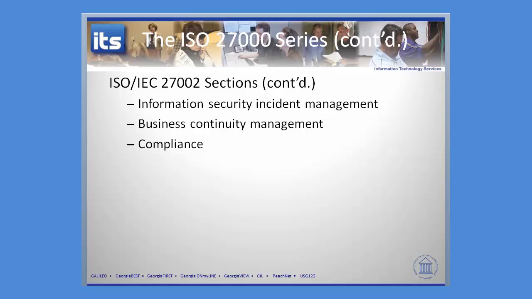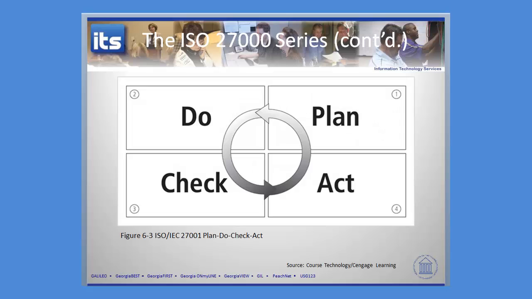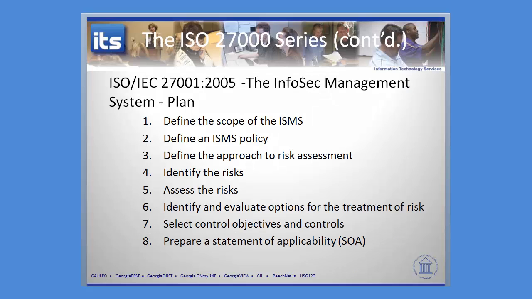When you start looking at the 27000 series, it uses an InfoSec or computer security management system where you plan, do, check, and then act. That's their loop that they're using within this particular model. We're going to take each one of these and spend a slide on it and talk a little bit about what that means. So we'll start off with plan.